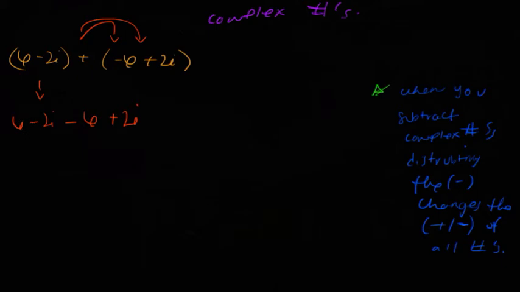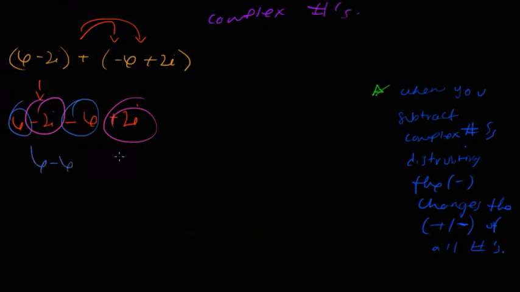Same thing, we add our blue to our blue, and we add our pink to our pink. So this blue will be 6 minus 6, and this pink here, we're looking at minus 2i plus 2i, right?